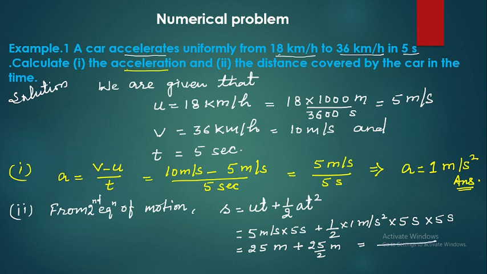Take an LCM. 25 twos are 50 meter plus 25 meter is equal to 75 by 2 meter. So S is equal to 37.5 meter. This is the answer of the second part.